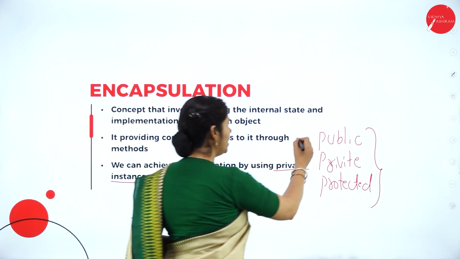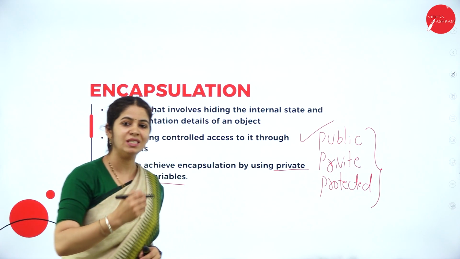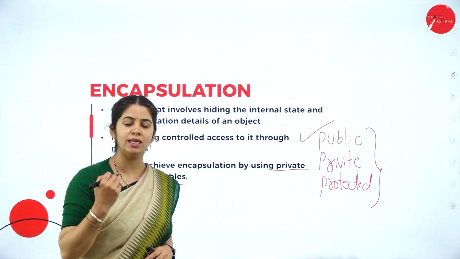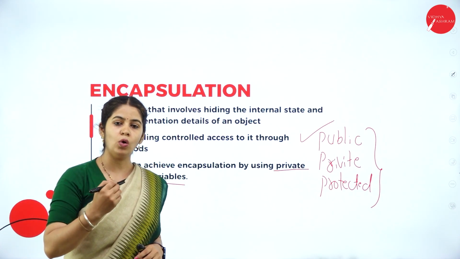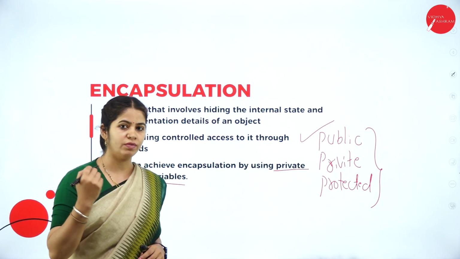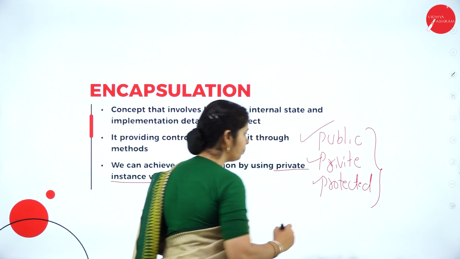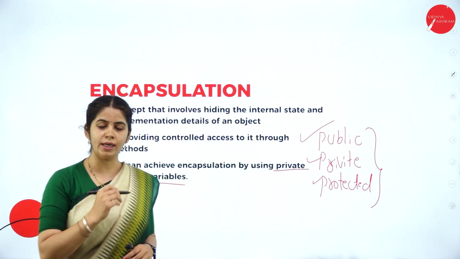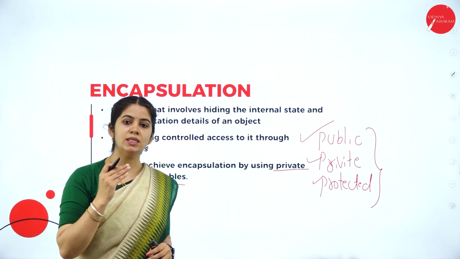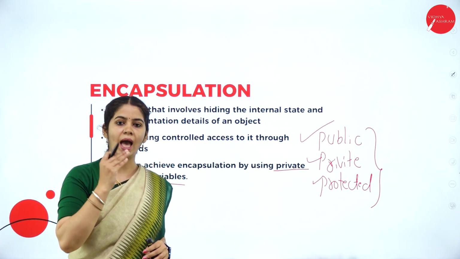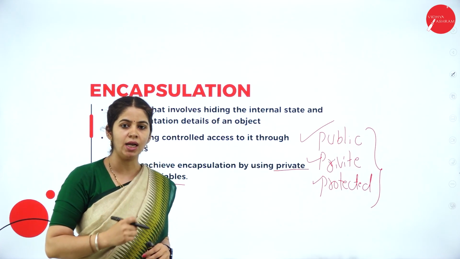What do you mean by public? The variables and methods which have been declared as public are allowed to be accessed outside of the class. Private and protected means data is not allowed to be accessed. We have a restriction on accessing the data.